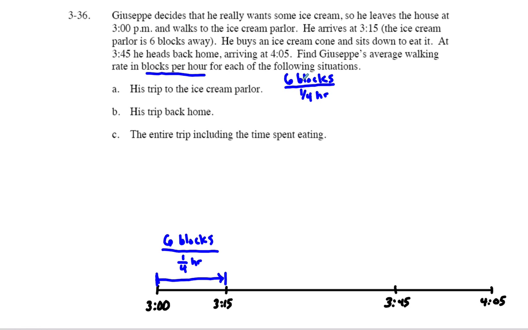If we wanted to turn this into 1 whole hour, we'd have to multiply it by 4. And if we multiply the bottom by 4, we also have to multiply the top by 4. That will give us our rate in blocks per hour. So 6 times 4 is 24, and then 1/4 times 4 is 1. So we're talking about 24 blocks per hour.